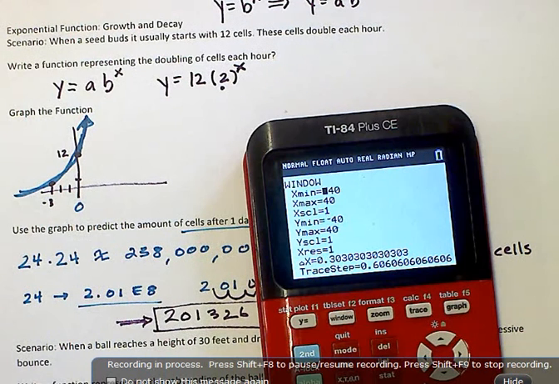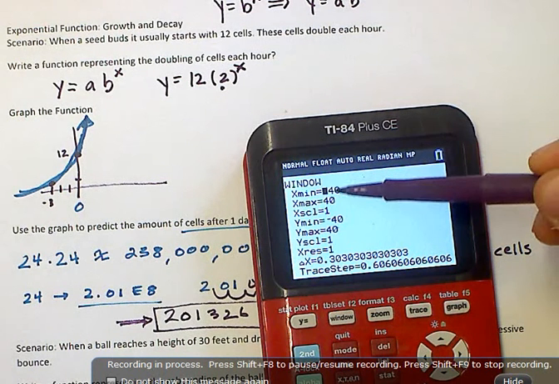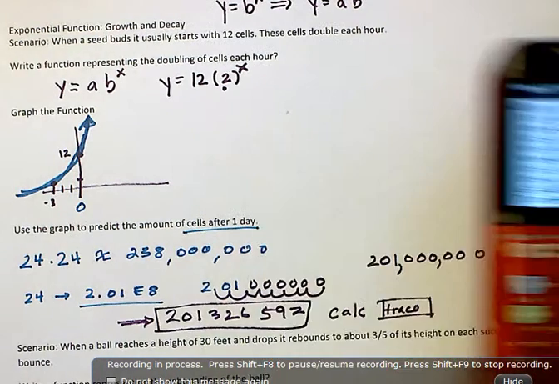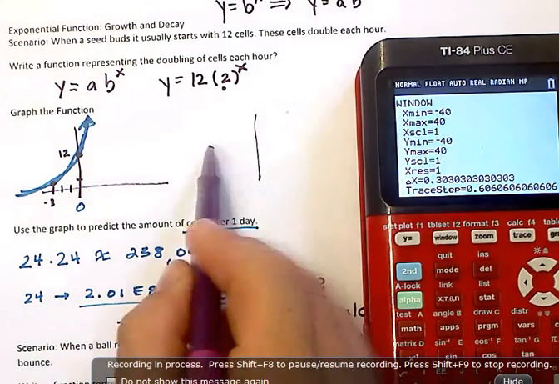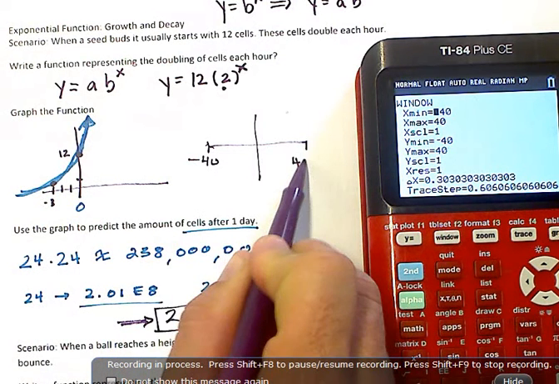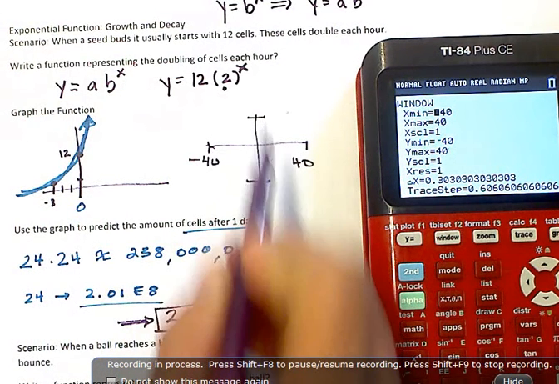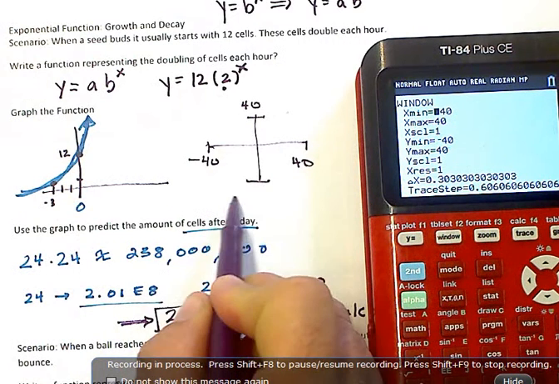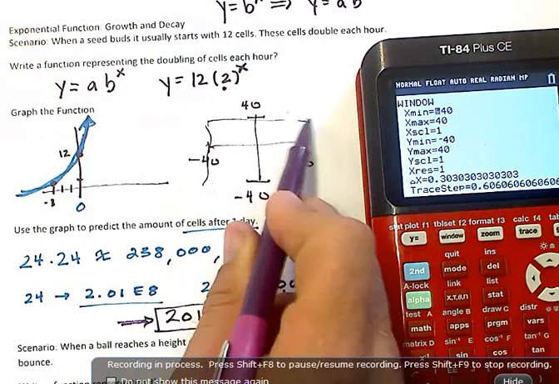the window you can determine. So my window's currently showing my x-axis at -40 and 40. So basically my window is showing that this is -40 and this is 40. This is 40 and this is -40. That's what's being shown on my calculator right there.